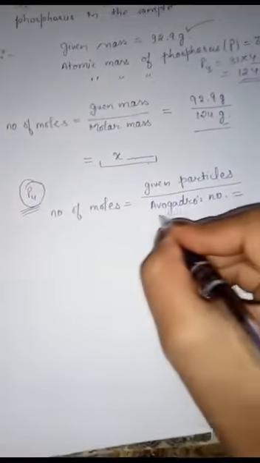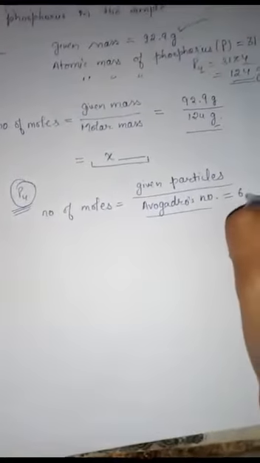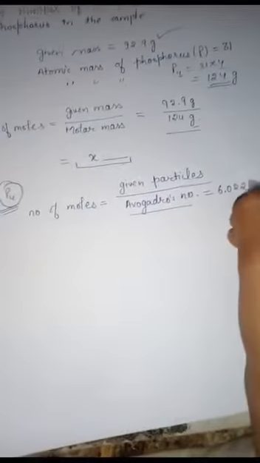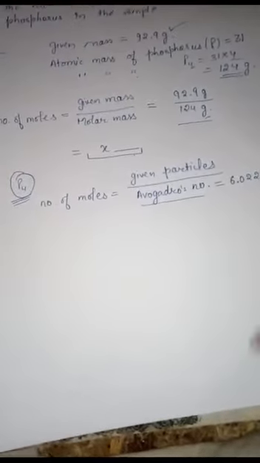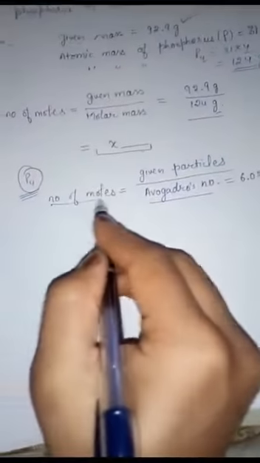Clear? And we also know that the Avogadro number is 6.022 into 10 raised to power 23. This is the Avogadro number. The number of moles we will calculate from here.